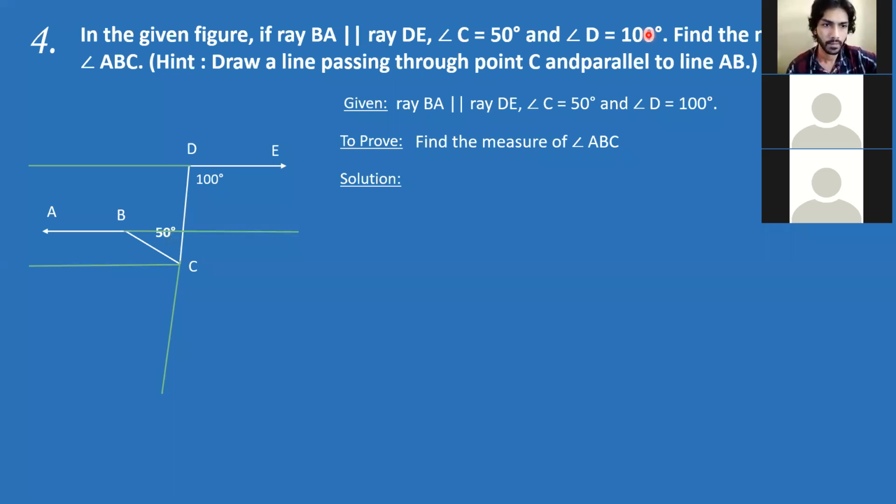We got 50 and 80, and a triangle has 180, so the other angle will also be 50. Then you use linear pair to calculate the rest of it.